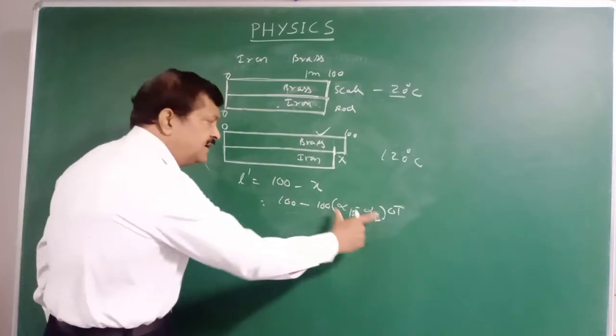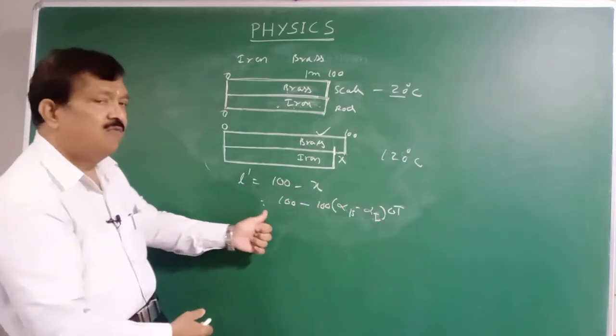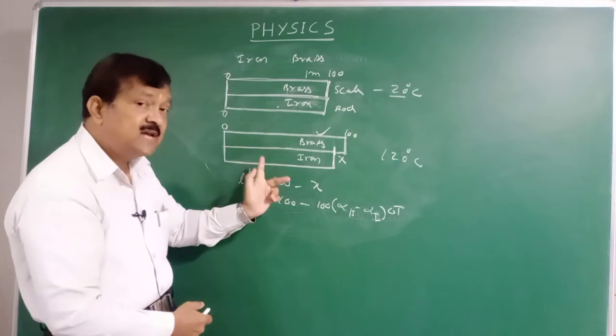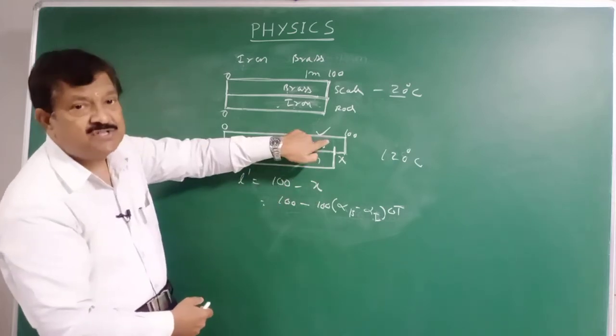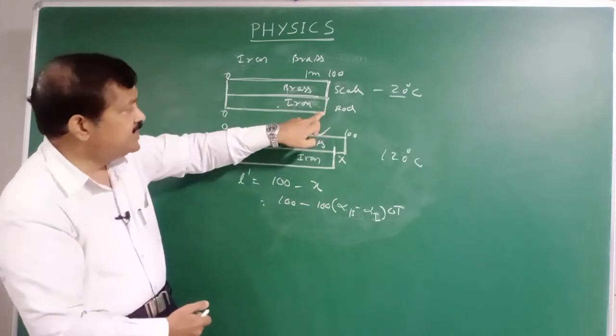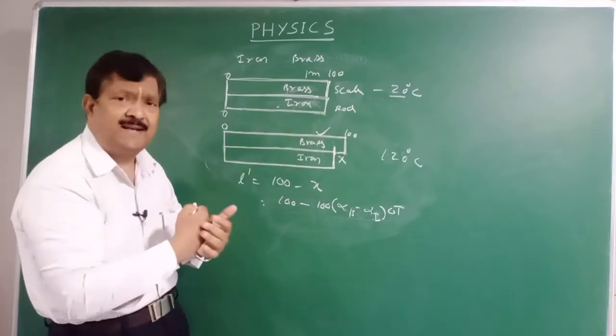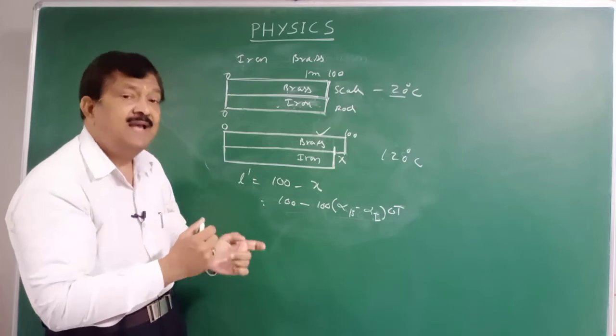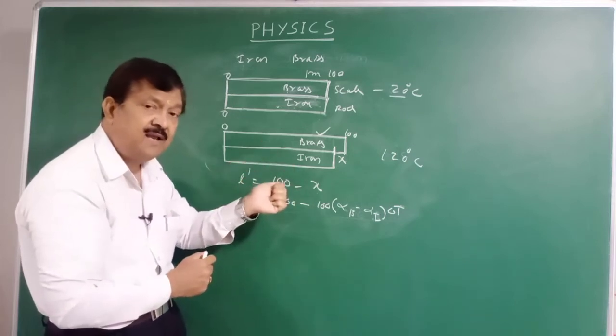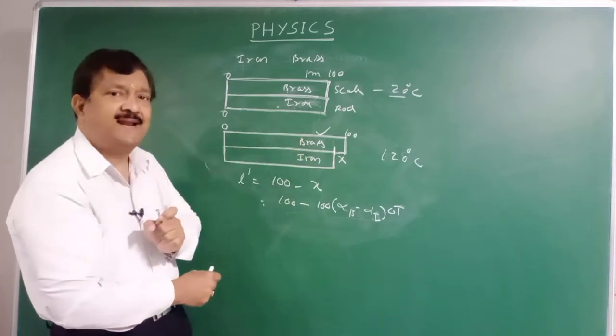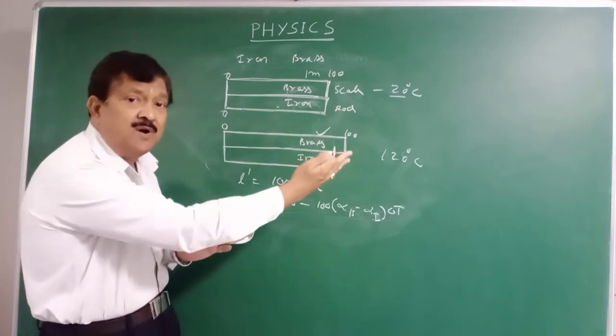By substituting all these values, we can calculate the final length of this iron rod as measured by the brass scale. Practically, initially it is 1 meter. Because of the change in temperature, it must be more than 1 meter. But what we are asking is the length of this iron rod as measured by the same scale, because the scale is expanding more.